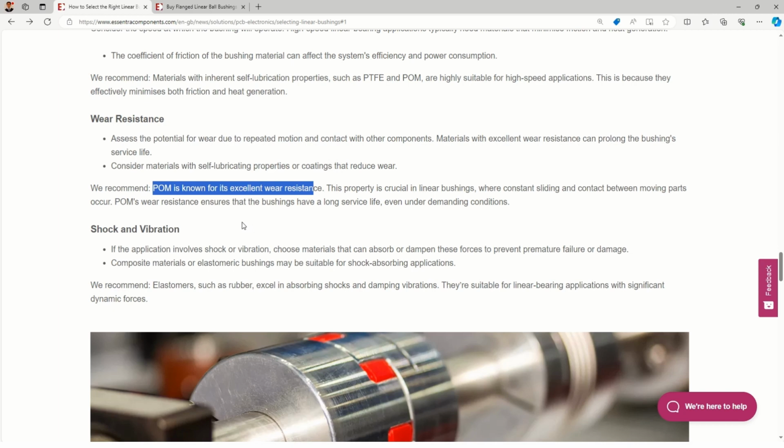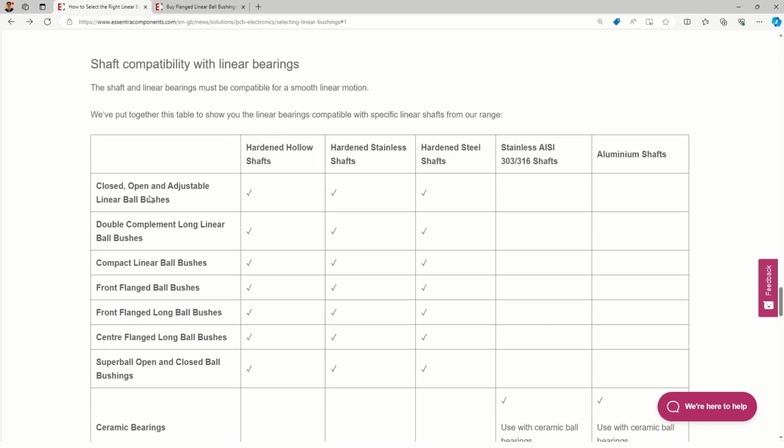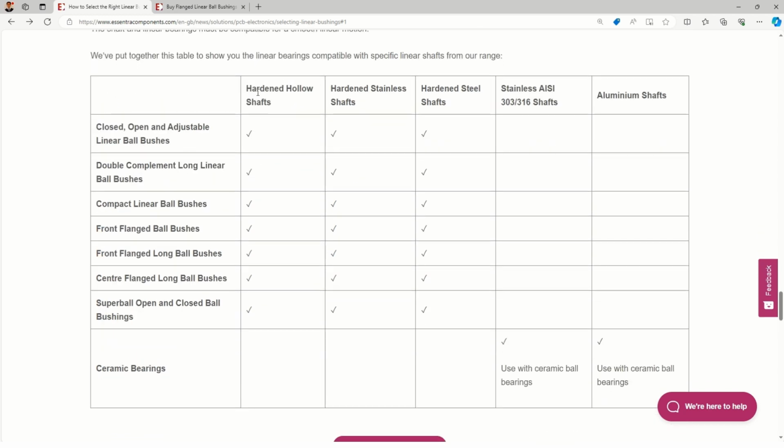And then we have shock and vibrations. Then we have shaft compatibility with linear bearings. It is very important to know which type of shaft material is useful. For open, closed, and adjustable bearings, hollow shafts and hardened steel shafts are useful. Aluminum shafts are not compatible with this type of bushing.